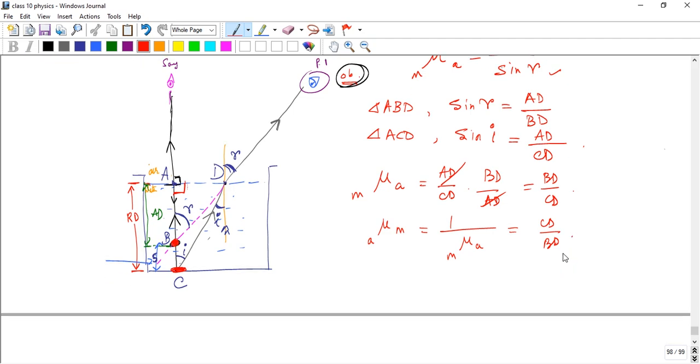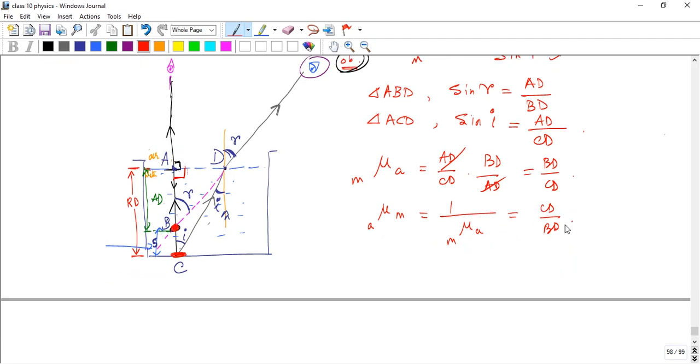That's important here. Now, for calculating the depth, shifting, we are taking some assumption here. These assumptions are called boundary conditions.